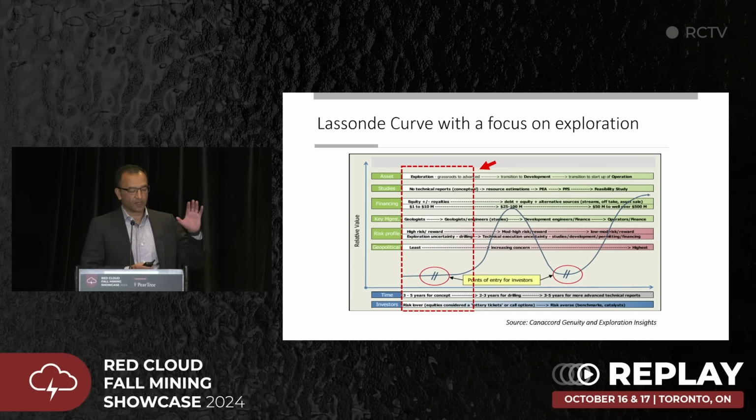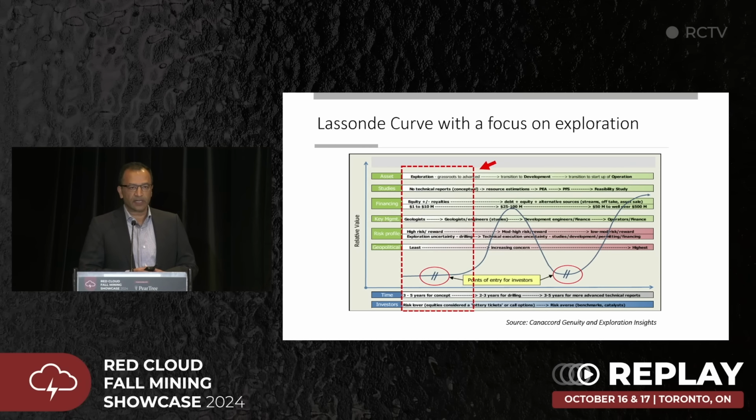So we'll talk about grassroots to advanced exploration, usually very little technical data available. In terms of financing, the highest cost of capital: equity raisings, they'll sell royalties, they'll basically do anything. The technical people running it are usually geologists or mining engineers. Sometimes you might get an accountant.